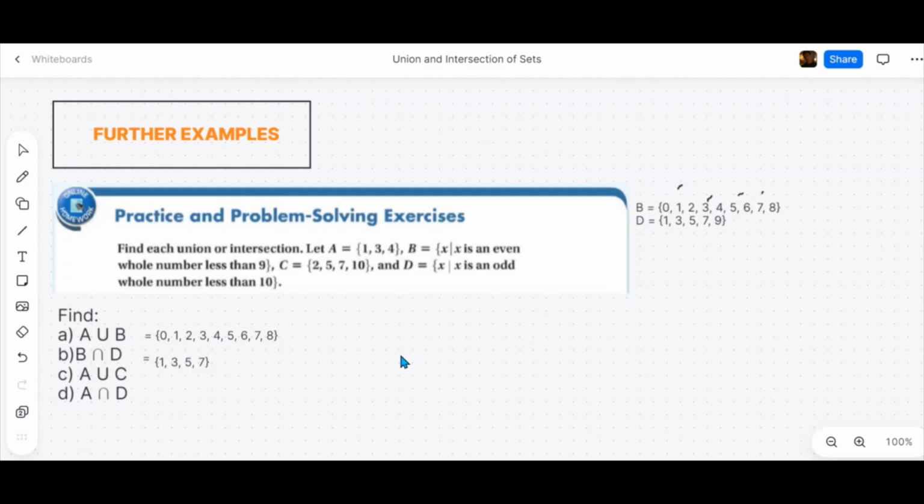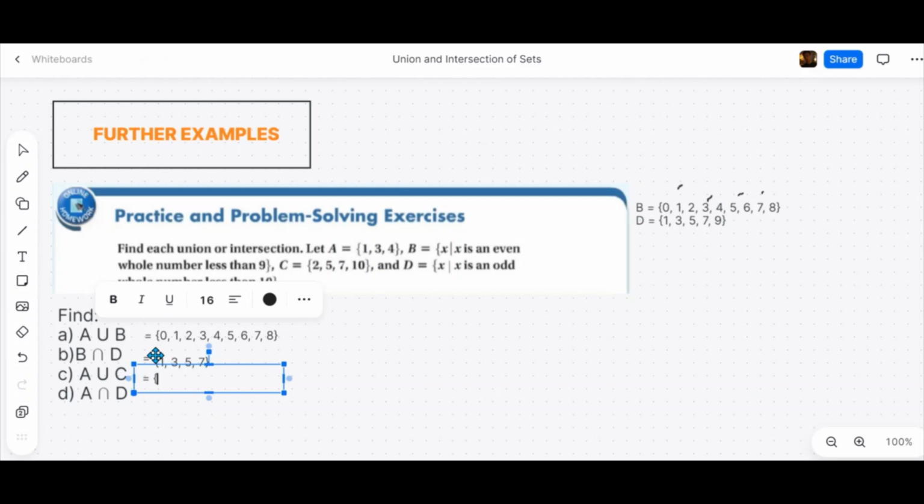That's it. Now, the next one is the A union C. So we have to combine the elements of set A and set C. As we all know, we cannot see any common between set A and set C. So therefore, we have to make sure to list down all of their elements in order.